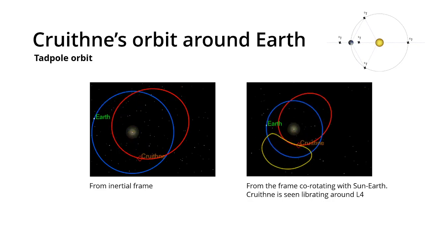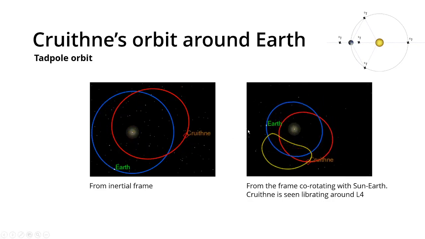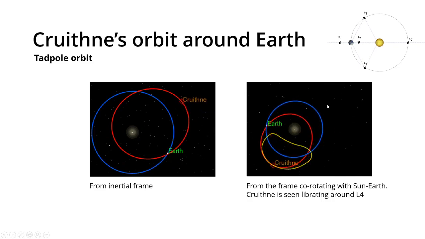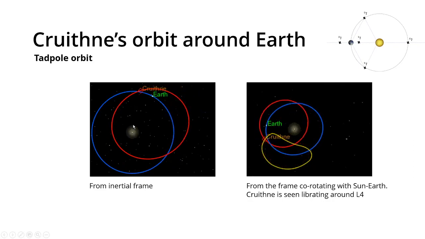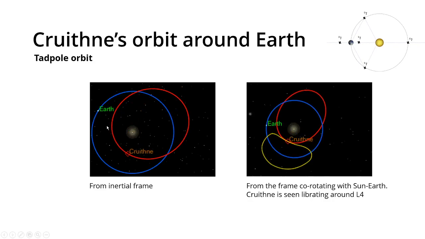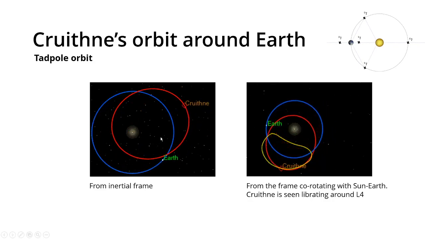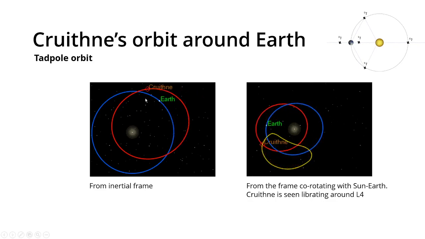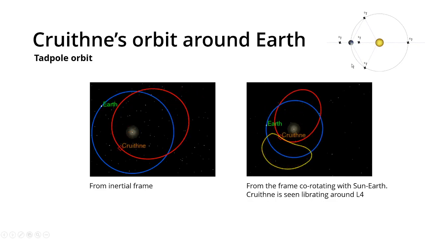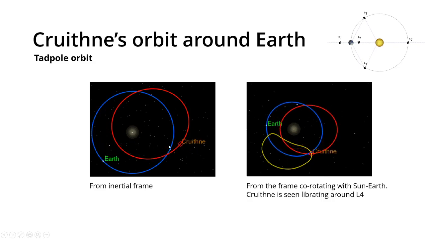This is a tadpole orbit. Don't look at the green, right-hand one yet. Look at the left one. Now, the Earth has something at its L4 point.